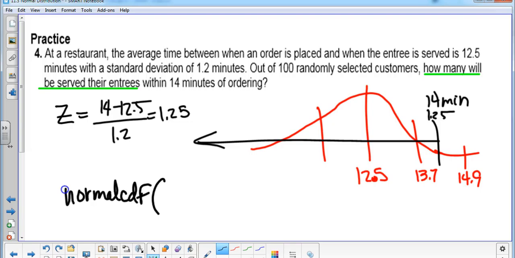What are we going to use for the lowest? -4. And what are we going to use for the top? 1.25. We're going to leave this 0 and 1.